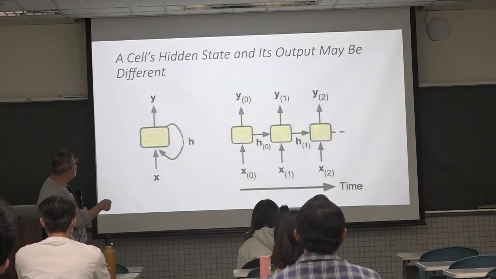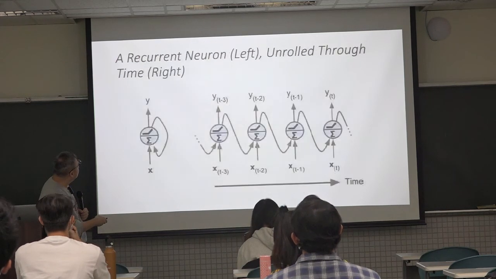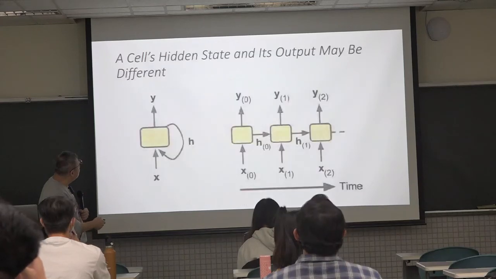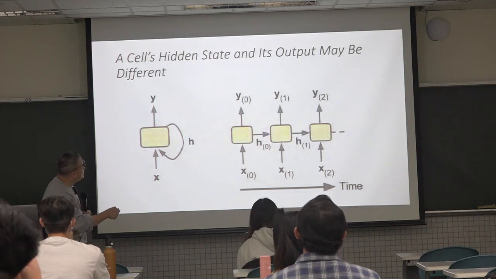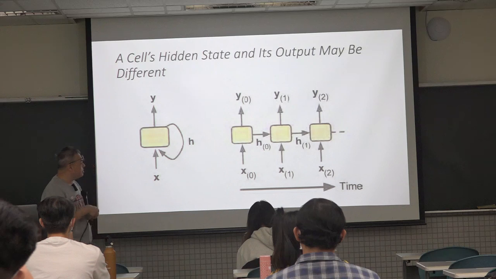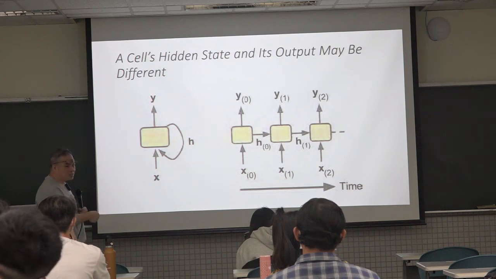In the previous example, the output and feedback are the same, but now we try to distinguish the output and feedback. This is more general, but for the basic cell these two are the same. For future, more complicated cell structures, they may be different.